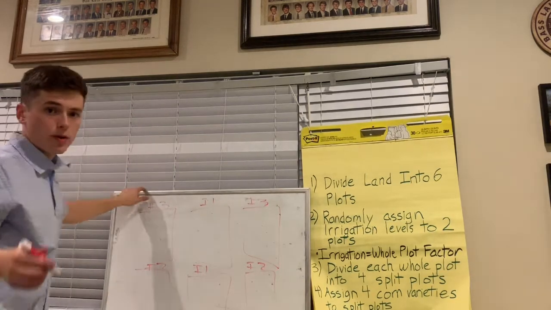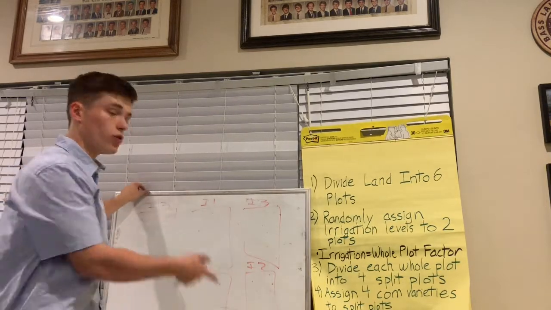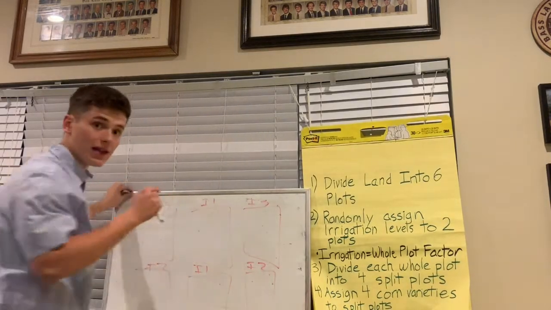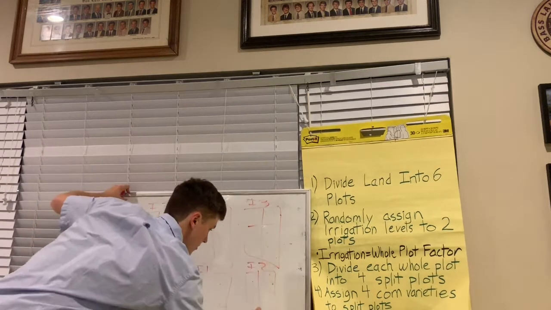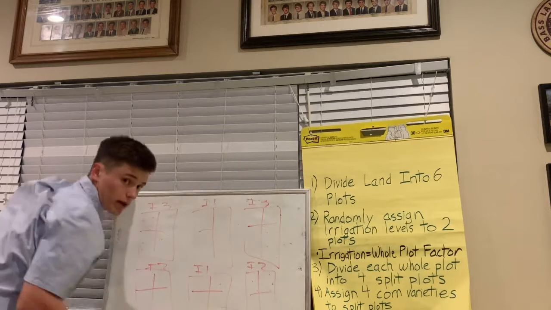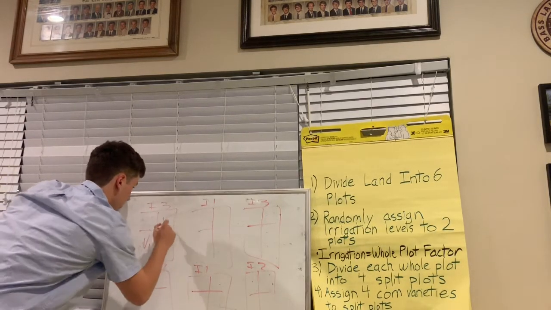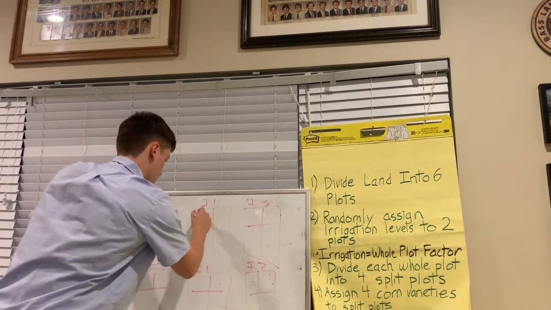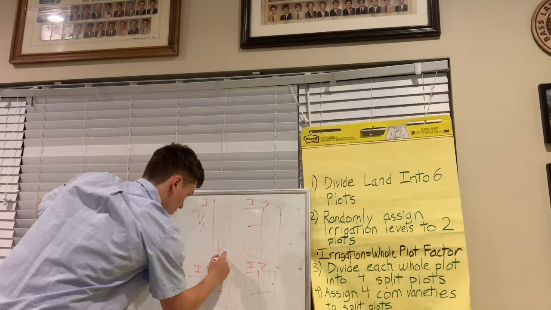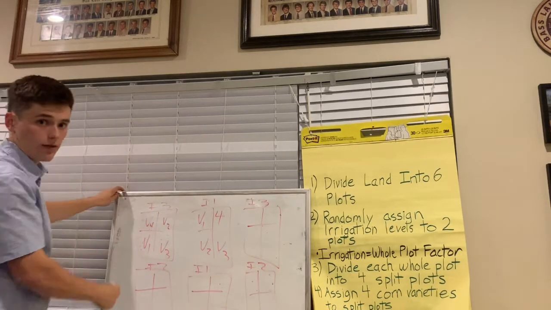Okay, now we have to assign all 4 corn varieties to each of the levels. So I'll split it into 4. Okay, I'm not going to do this for all of them, but I'll show you real quick. So we go variety 1, variety 2, variety 3, variety 4, just completely random. 1, 3, 2, 4, and so on until you filled it all up.